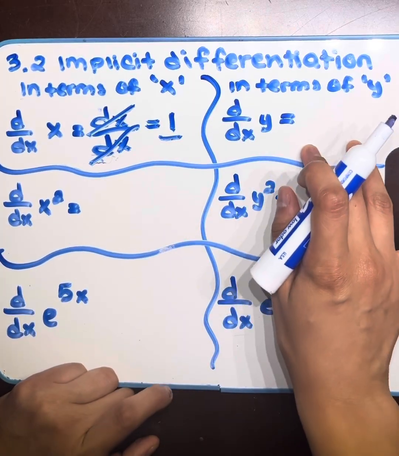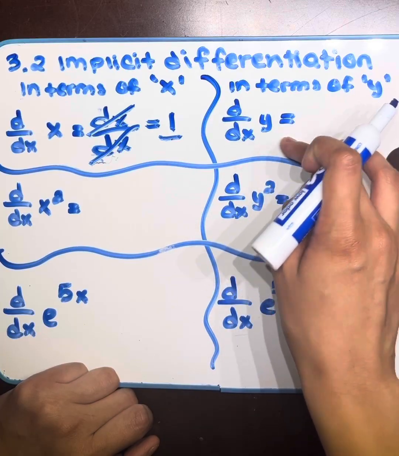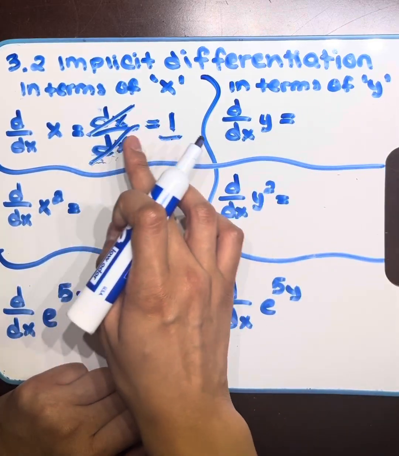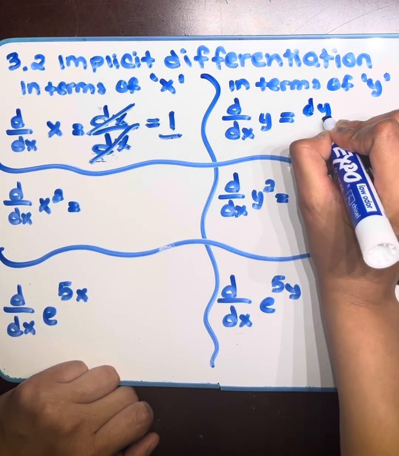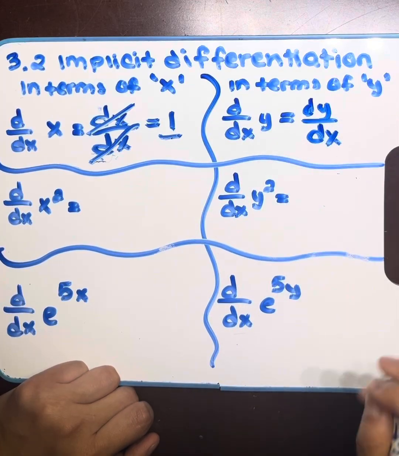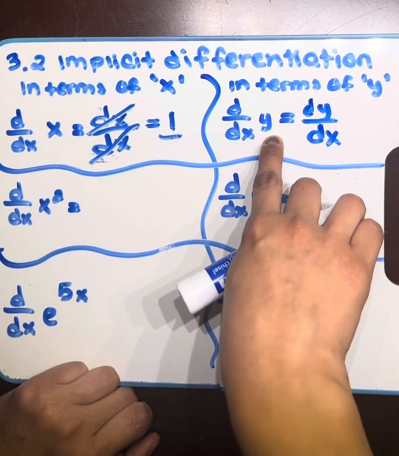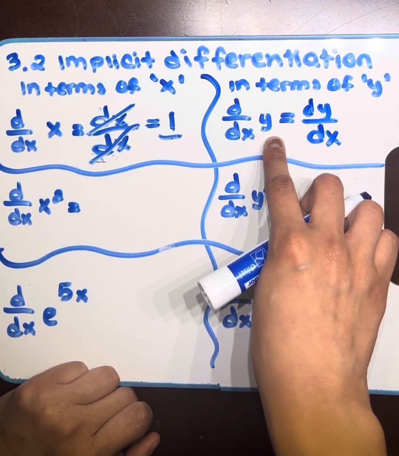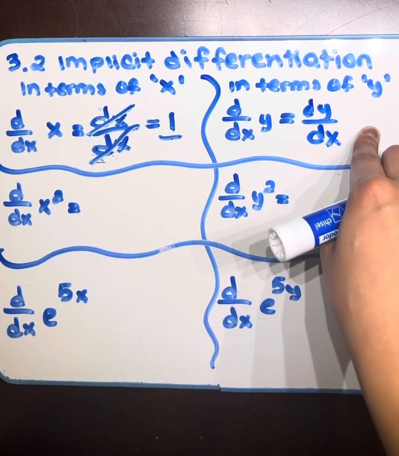For this example, this is different because we're taking a derivative of y, not x. So we won't get a dx over dx. We will essentially be getting a dy over dx. So it would be 1, but essentially that 1, this y, goes on top of here and becomes a dy over dx.